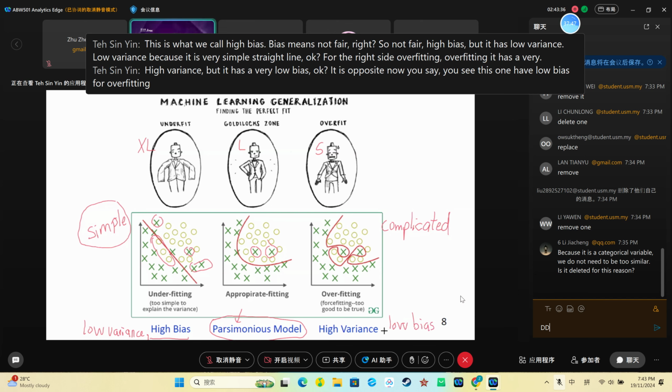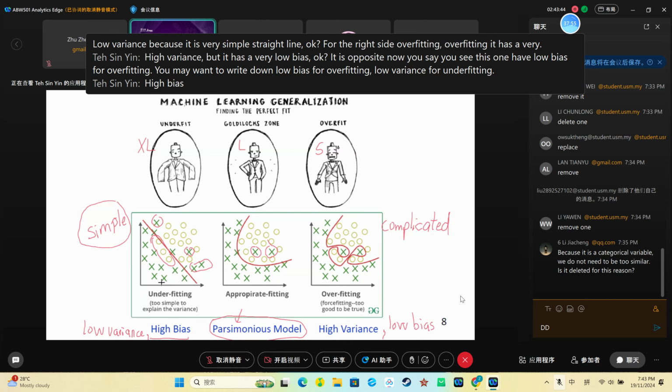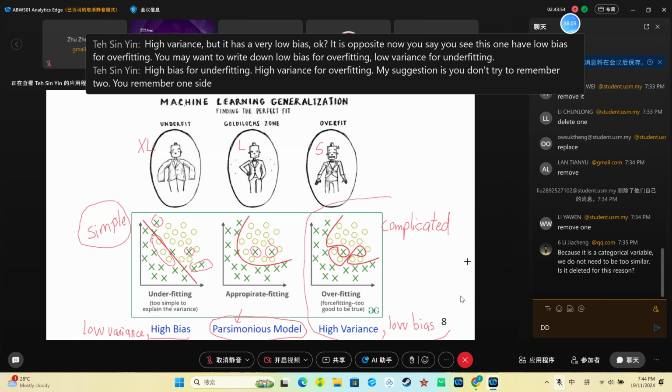You may want to write down: low bias for overfitting, low variance for underfitting, high bias for underfitting, high variance for overfitting. My suggestion is, you don't try to remember two. You remember one side. When you're overfitting, it is low bias, high variance.